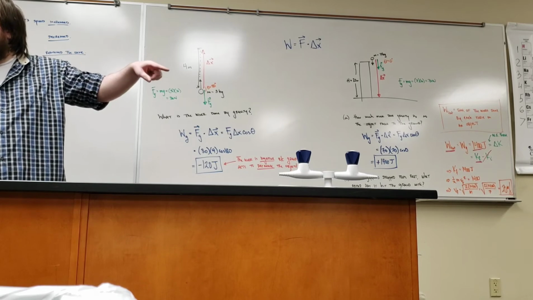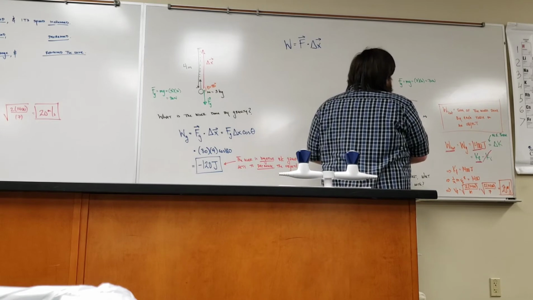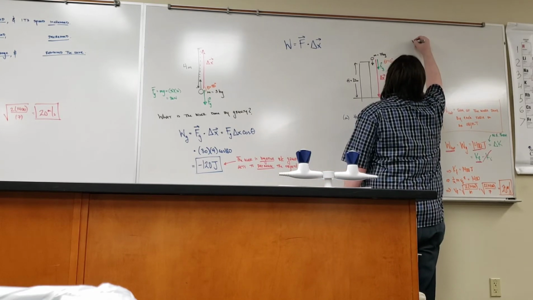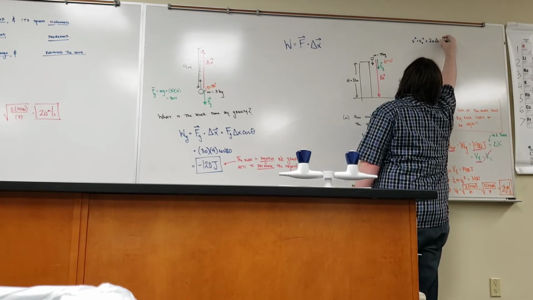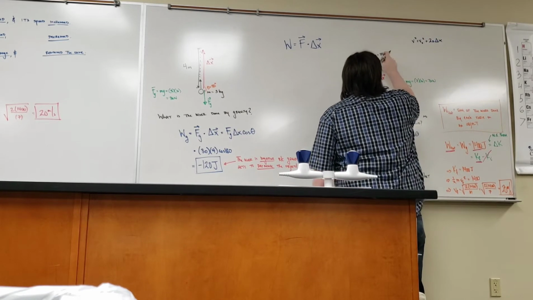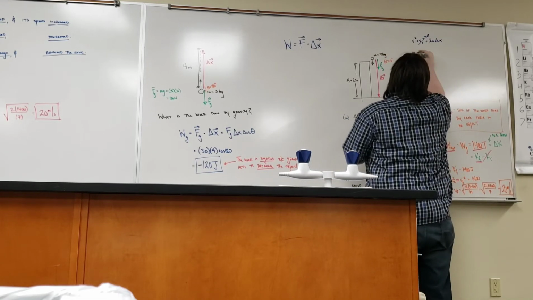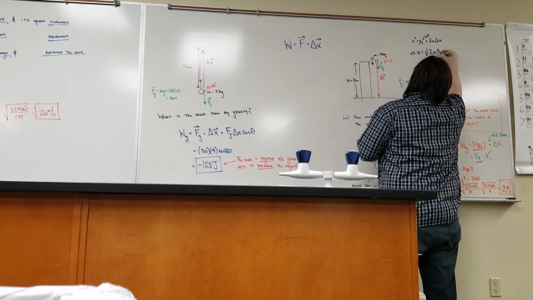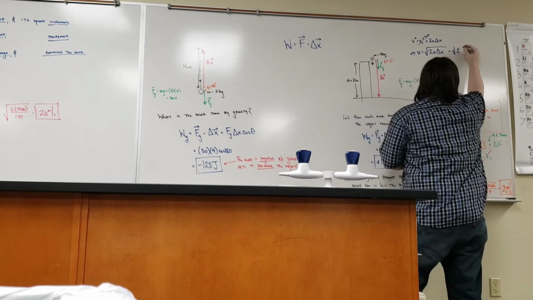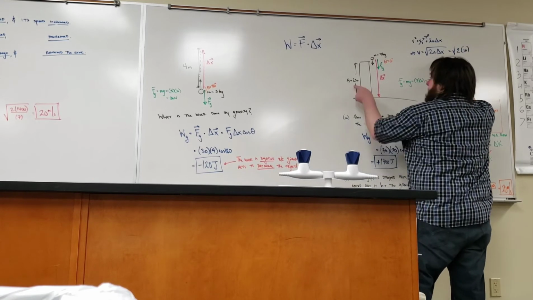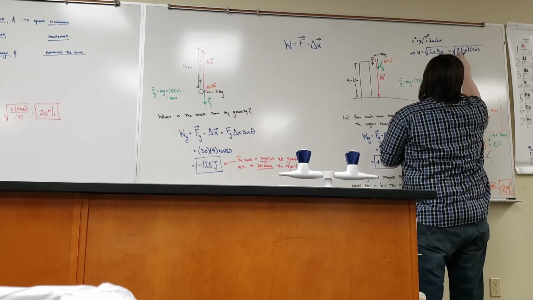So let's double check our answer and confirm that it's correct by using kinematics, which we're more familiar with. We can use the formula v squared equals v naught squared plus 2a delta x. What's the initial speed here when it's released? 0. So the final speed is the square root of 2 times a times delta x. 2 times, the acceleration is gravity, so it's 10. Delta x is 20. 2 times 10 is 20 times 20.